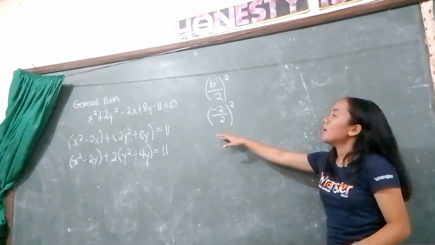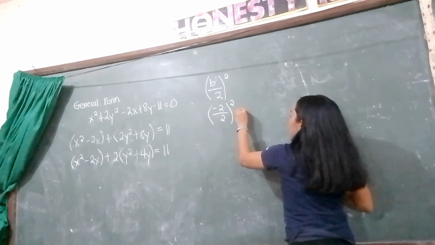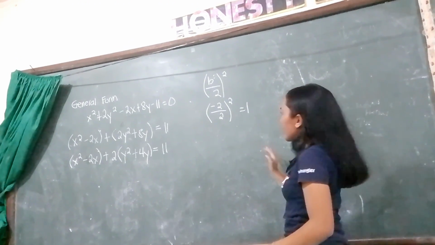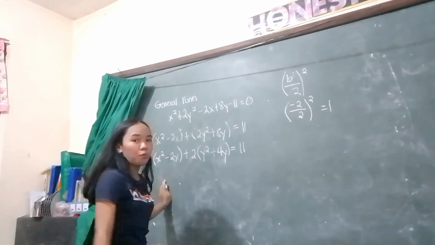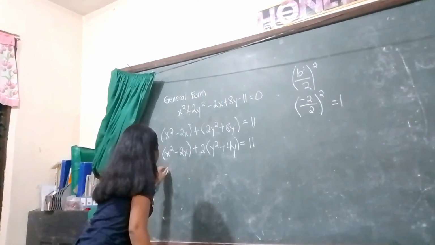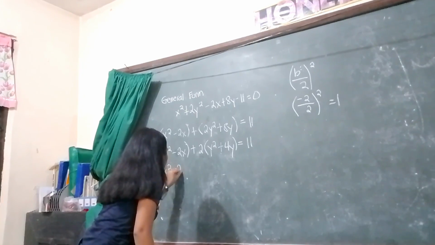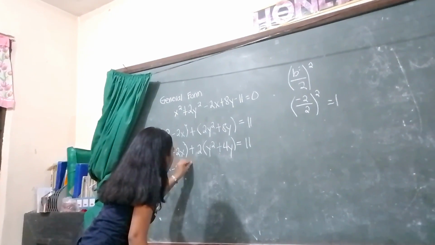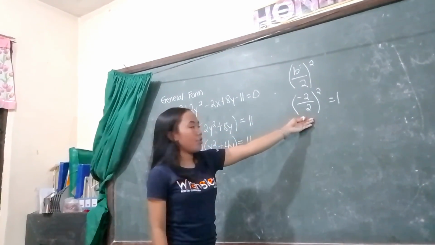Raised to the power of 2, we have 1. So in here, by completing the square, we have x squared minus 2x plus 1 from this.